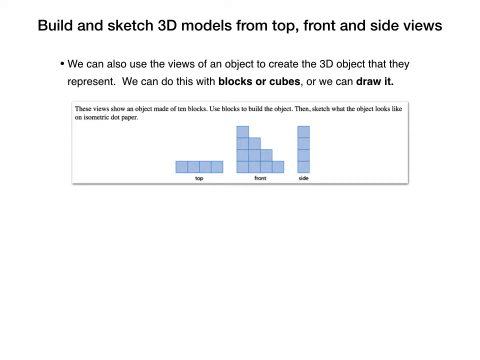So here we have an example where we're given an object, and if you look at the front view, it has got 10 blocks in it. Okay, 1, 2, 3, 4, 5, 6, 7, 8, 9, 10. So we can take 10 blocks and build a model to represent this 3D image.